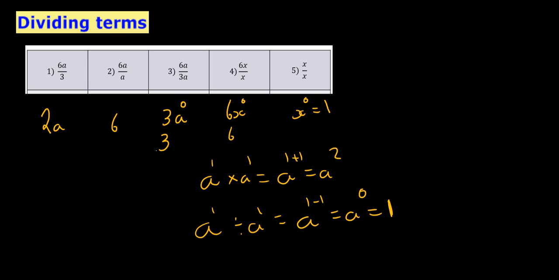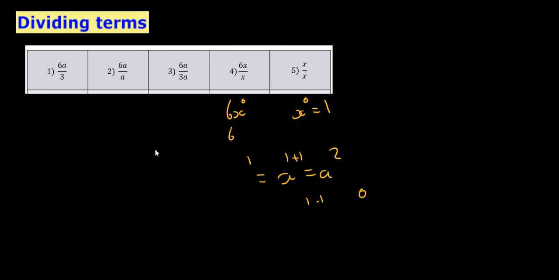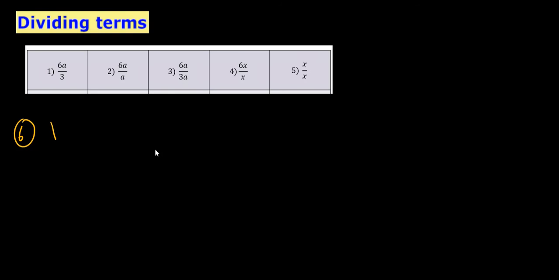So let's have a look at some more examples of dividing terms. You can pause the video. Let's do 5 examples. Let's do 10a divided by 2. Let's do 10 divided by 2a.